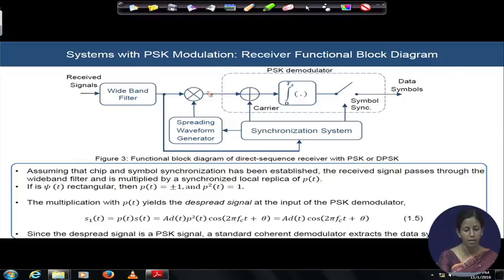Here we again utilize a multiplier, which multiplies the incoming received spread signal, and once this multiplication is done, we are receiving the despread signal. This operation, where we multiply the locally generated PN sequence, which is exactly the known a priori sequence used in the transmitter, with the incoming spread signal, we call despreading.